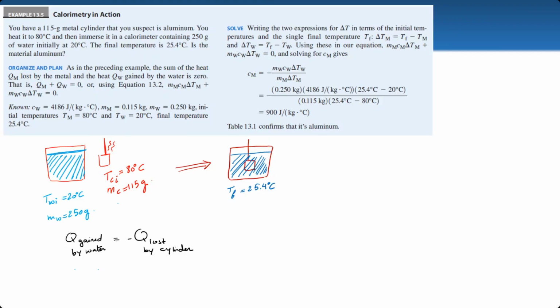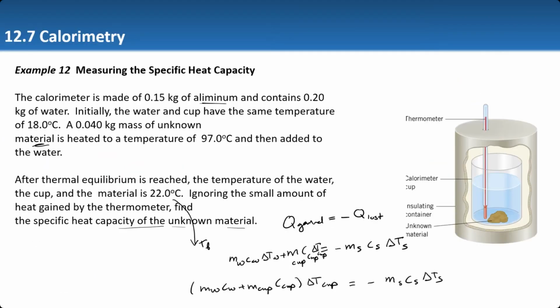By the way, sometimes the container itself will also heat up, not just the water. So the heat is also transferred to the container. In that case, you will clearly be given details about the container, and then you would know that you should involve it as well. I think we solved something on that last time. Yes, here it is. I told you the calorimeter is made of 0.15 kilograms of aluminum and contains 0.2 kilograms of water.